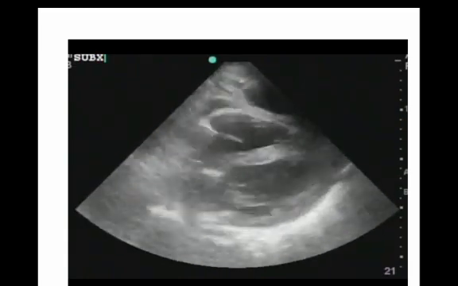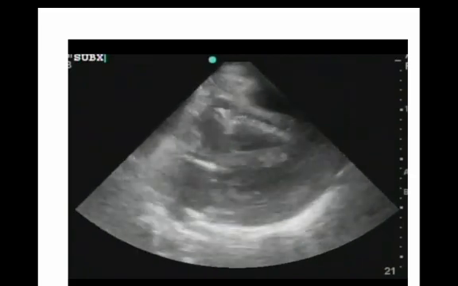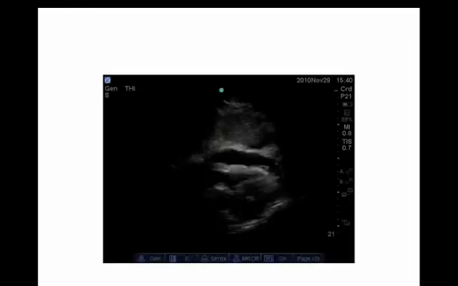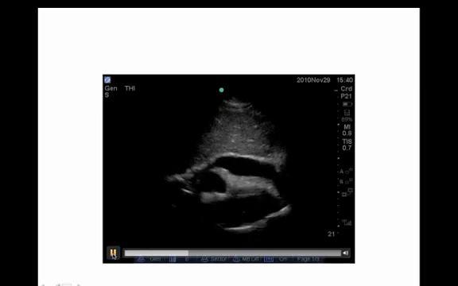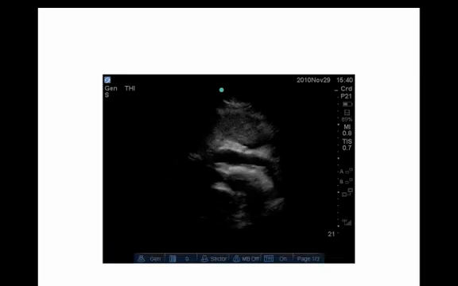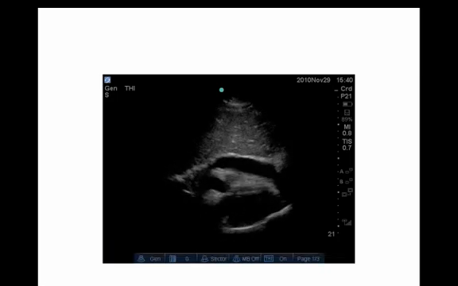This is a pericardial effusion. Here is another study. Please take note of the thick white pericardium, the beating heart, and the anechoic stripe between the two, which is a pericardial effusion.